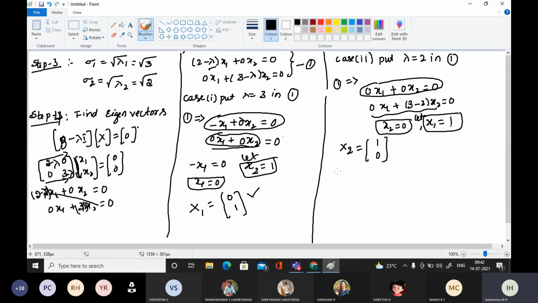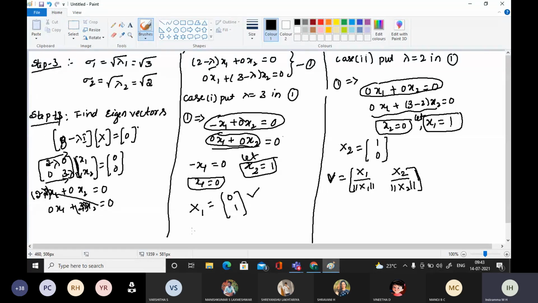So now we got x1 as this one, x2 as this one. We have to find the normalized eigenvectors. The matrix V is the normalized eigenvector, that is x1 by norm of x1, and x2 by norm of x2.